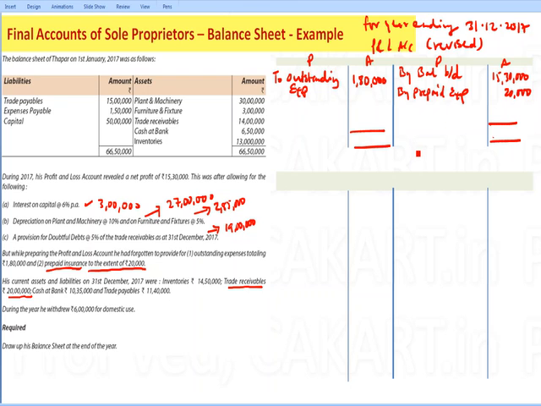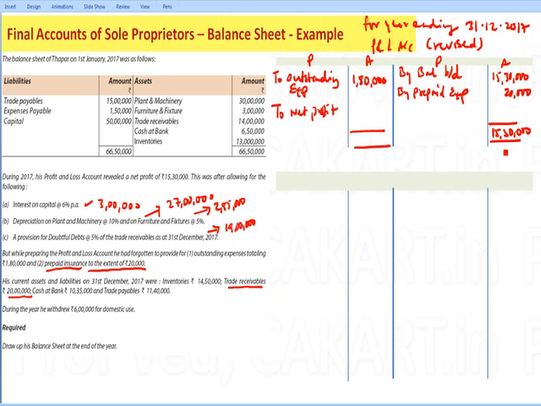Now if you see, what is the revised net profit? It will be the balance between credit side and debit side. This side is 15 lakh 50,000. This side is 1 lakh 80,000. So we will subtract 1 lakh 80,000 from 15 lakh 50,000.